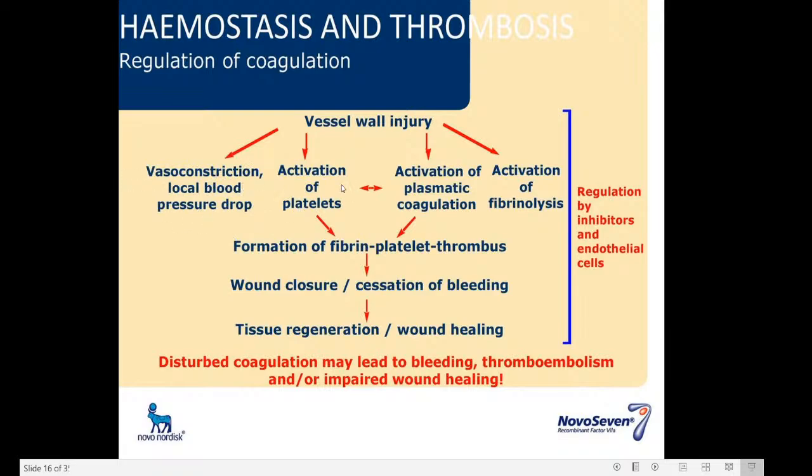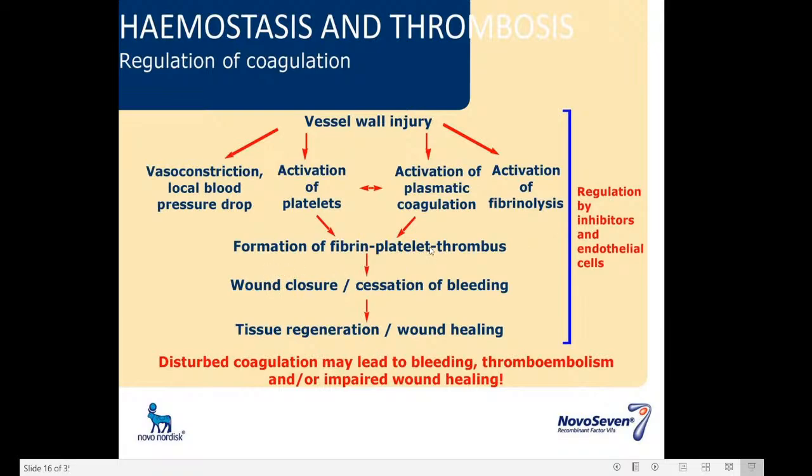Then it activates the platelets, then the plasmatic coagulation factors, then the fibrinolysis process. The activation of platelets and plasmatic coagulation forms the fibrin platelet thrombus.